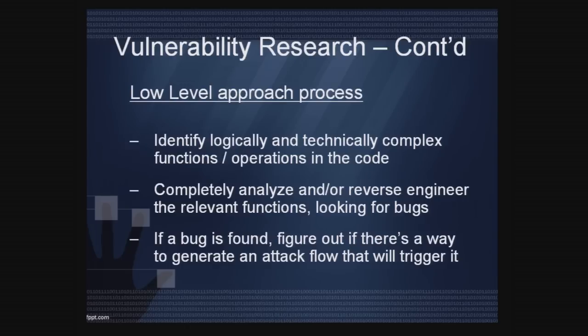There are not many people that do the more high-level stuff. The nice thing when you work from high level is that you're more likely to find logical bugs rather than binary bugs. And the advantage of that is that logical bugs are much harder to find and many times much harder to fix.